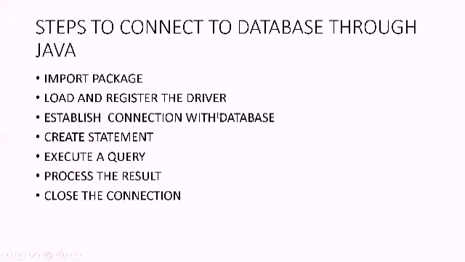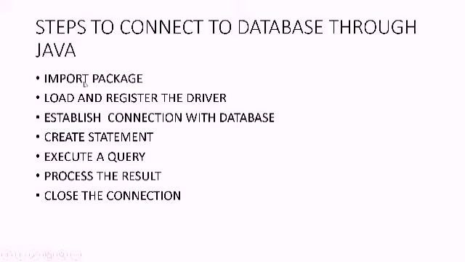So in the example we saw, once the JDBC API comes into action, a connection is established, drivers are loaded, the query is executed, and we saw the result set also. Okay, so let us see what those are now. The steps to connect to a database through Java: when you want to connect from Java to the database, there are certain steps you need to follow.